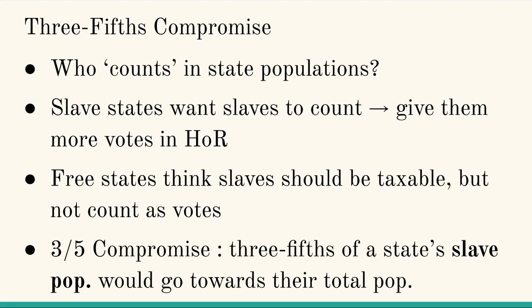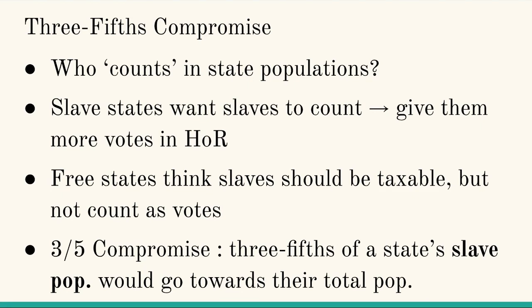How do we reach a happy medium so we can move forward in our drafting of the Constitution? We come up with something called the three-fifths compromise. That's where three-fifths of a slave state's population, the enslaved people, three-fifths of that total number would get rounded to the nearest whole, and that would be how many votes you got.